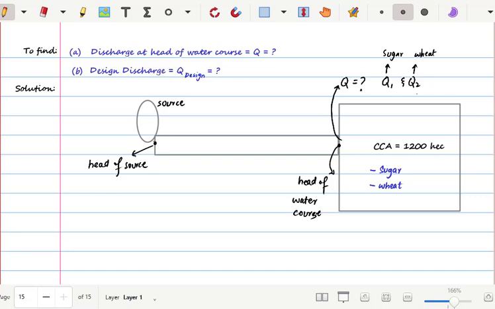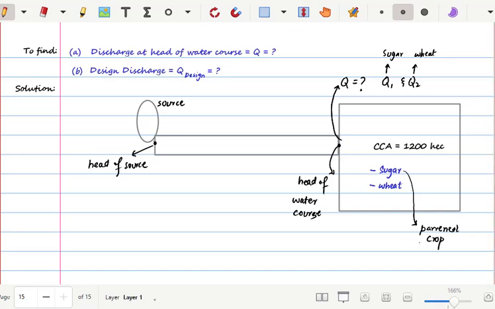What's the reason behind that? The reason is that, as we know, sugar is actually what we call a perennial crop.